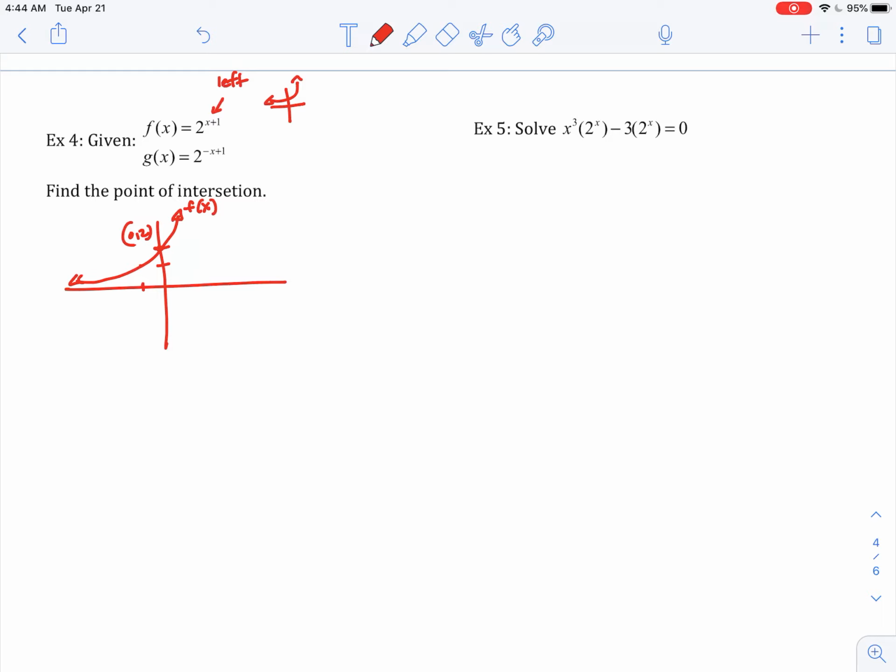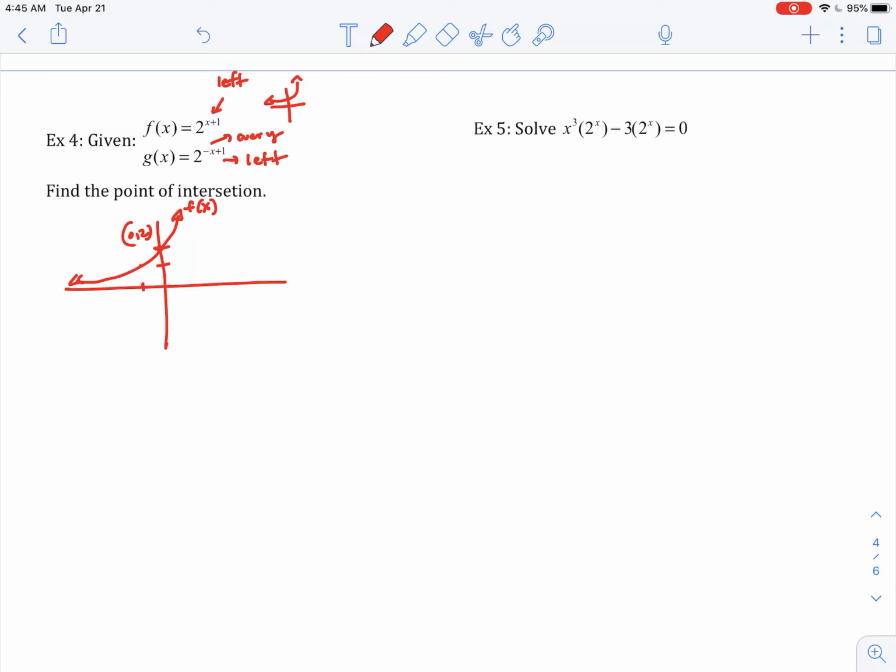G of x, 2 to the -x plus 1. Well, recall that the plus 1 is telling us to go left, and the negative attached directly to the x is telling us to flip over the y.